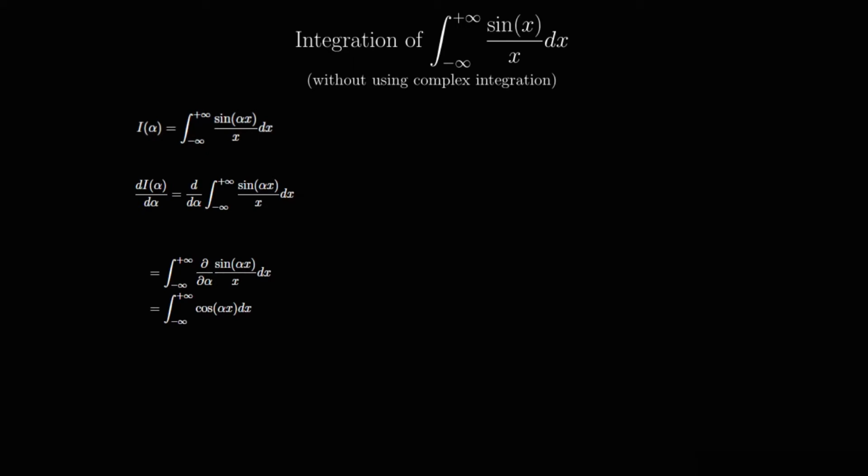In order to calculate the integral of cos of alpha x with respect to x, we write cos of alpha x as 1/2 times (e^(i alpha x) plus e^(minus i alpha x)).